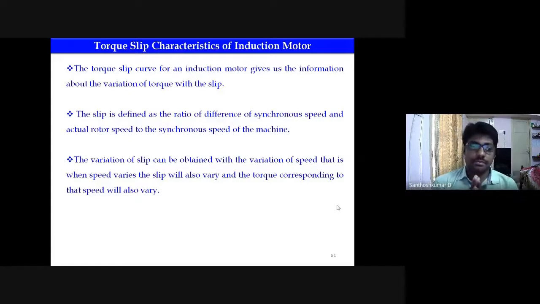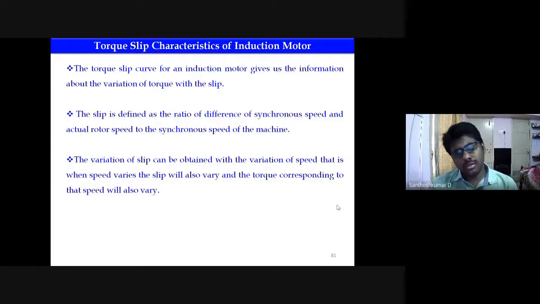I already told you that synchronous speed is constant. Synchronous speed means the rotating magnetic field of the stator, which is always constant depending on the input supply of the induction machine, but the speed of the rotor may change. So due to that, the slip also varies.